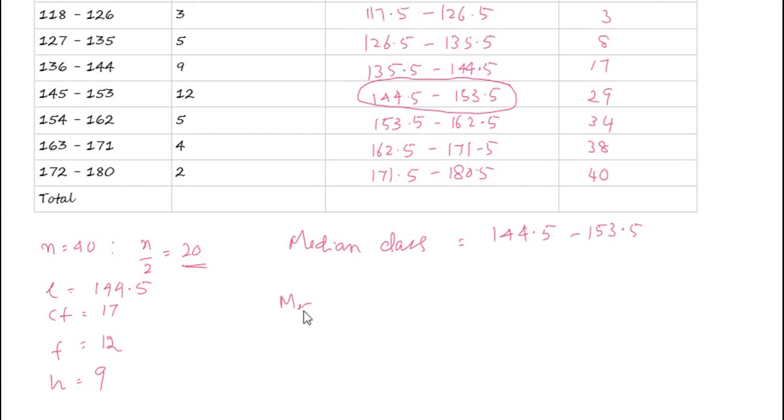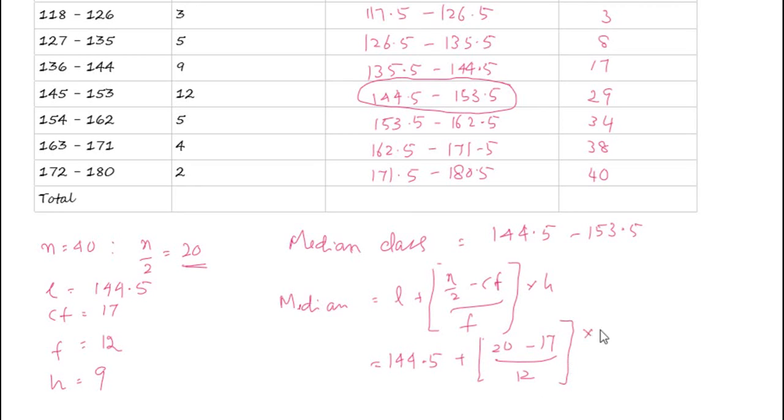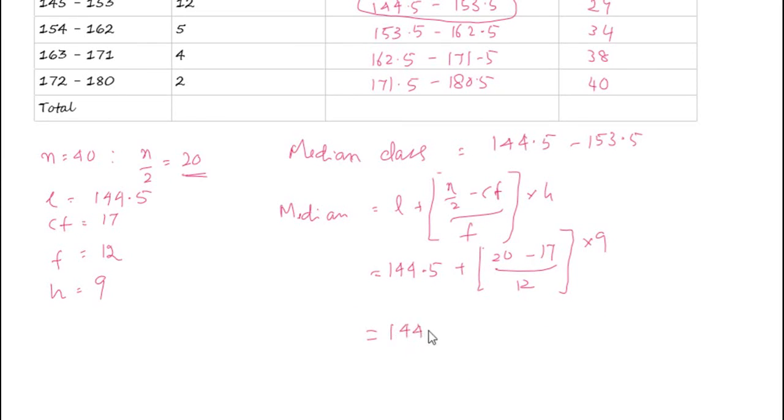So median equal to L plus n by 2 minus Cf divided by F into H. So L is 144.5 plus n by 2 is 20, so it is 20 minus Cf, that is 17, divided by F, that is 12, into 9. 144.5 plus, this is 3 divided by 12 into 9, so 144.5 plus 9 by 4. 9 by 4 is 2.25.